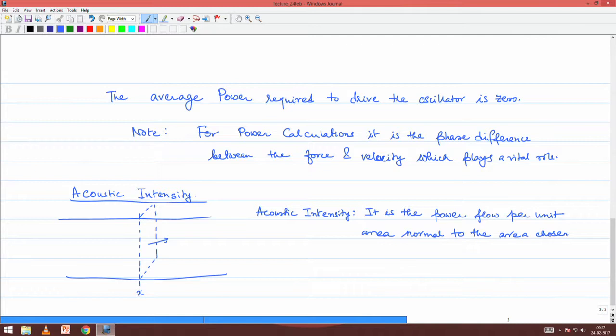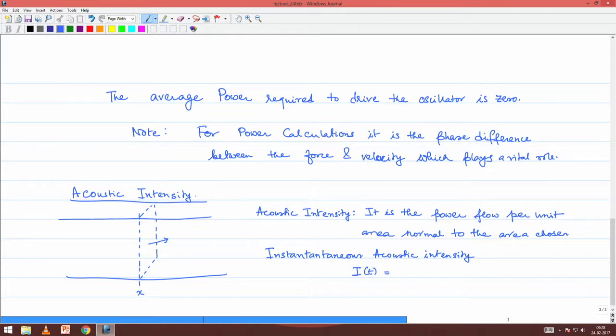Firstly, just like we had an instantaneous power expression, we will define an instantaneous acoustic intensity which will be time dependent. The instantaneous acoustic intensity, unlike the average value, has to be time dependent. It will be the power per unit area that is under investigation.